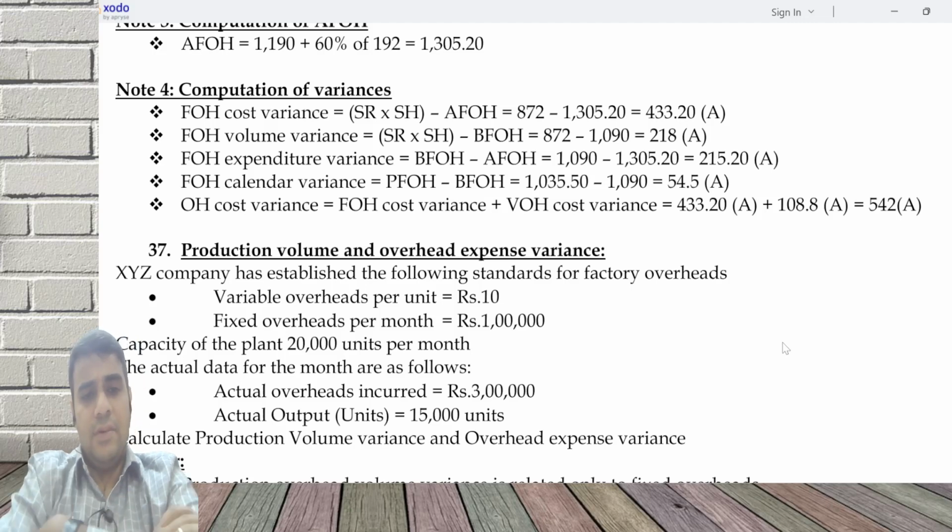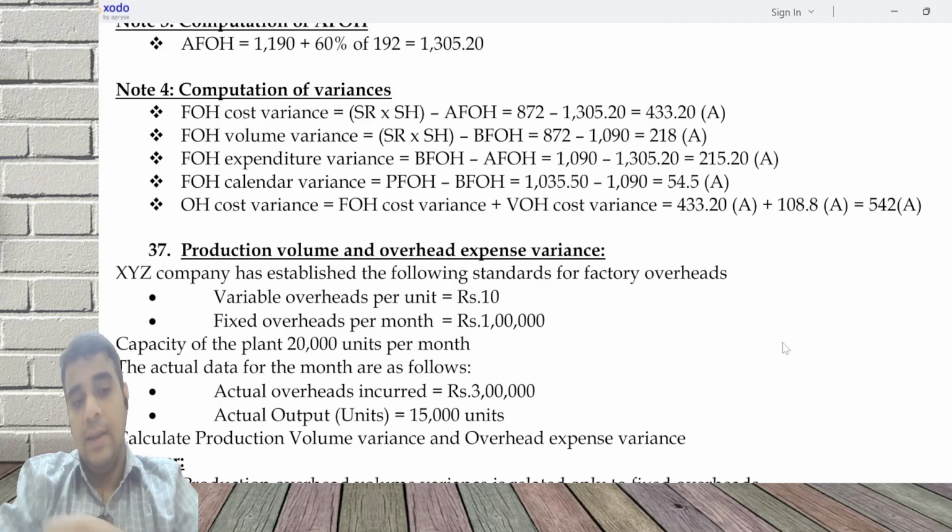Okay, slightly a different question. XYZ company has established the following standards for factory overheads. Variable overhead is 10 rupees per unit. Fixed overheads are 1 lakh per month.